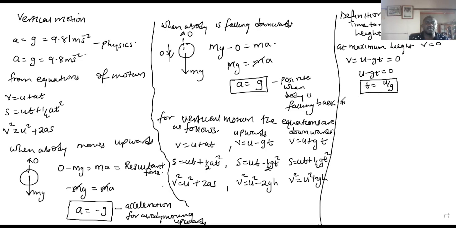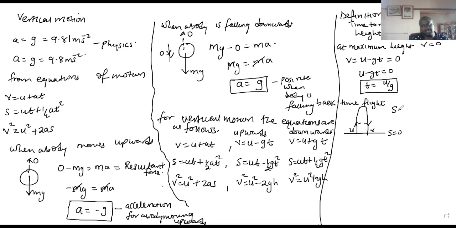Then the second time is what we call time of flight, whereby for time of flight is this one. If a particle has been projected from the ground and goes up and comes back, then the displacement it has covered is 0.